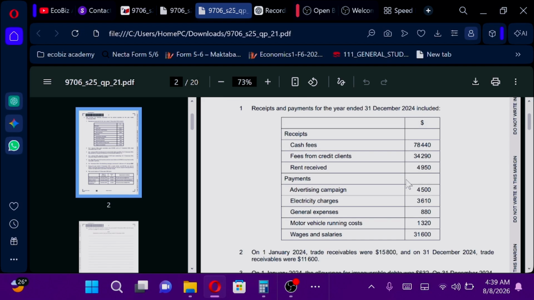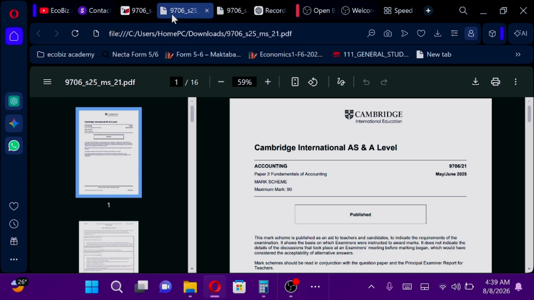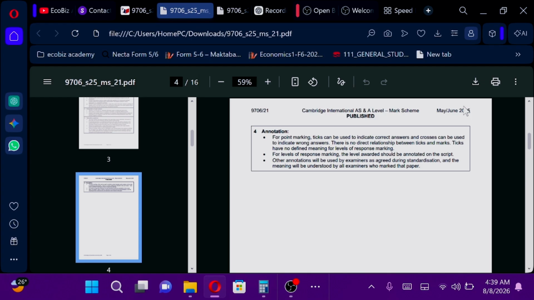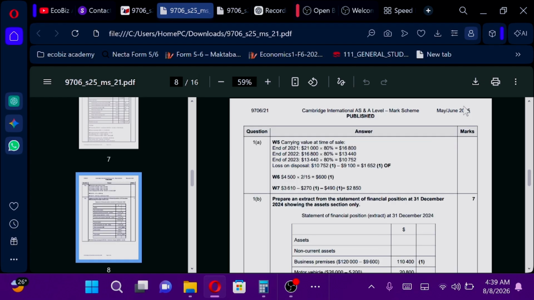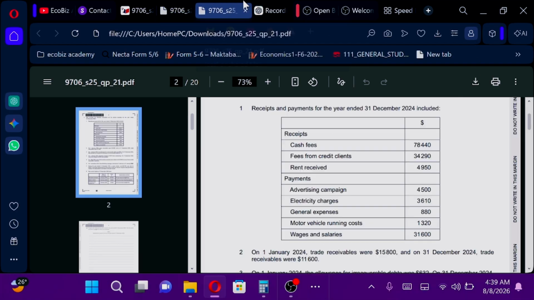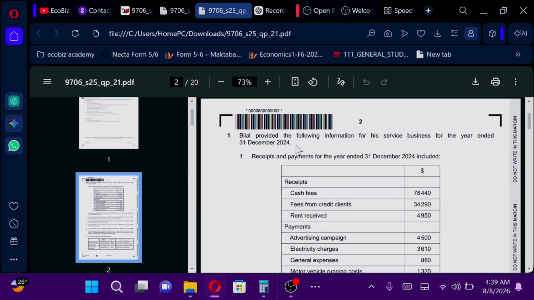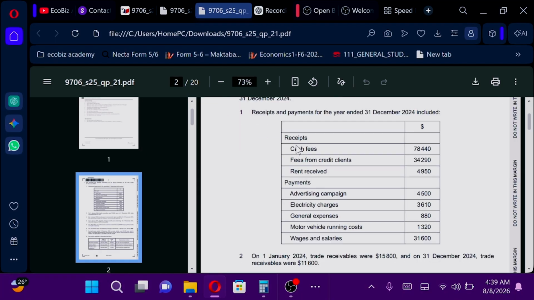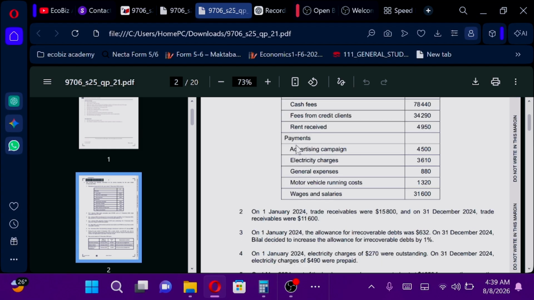Then we plus the credit fees, if I'm correct. Let me double check. Yes. So we take the total fees, which is the cash fees plus the credit fees, to get basically the revenue, or the total receipts.